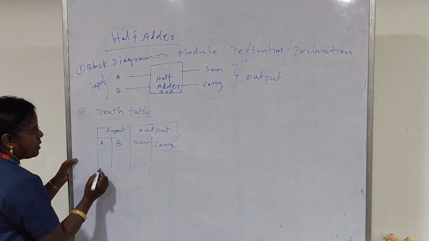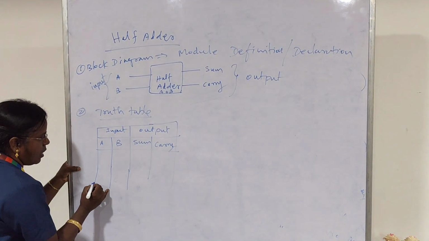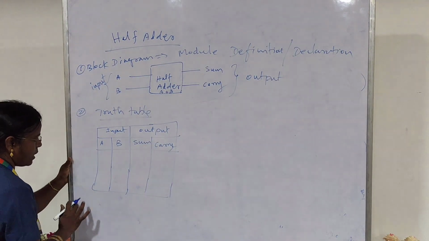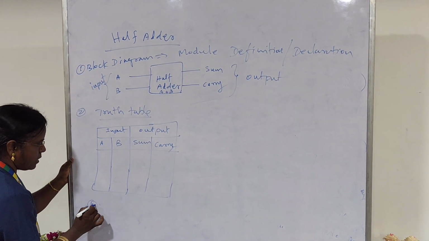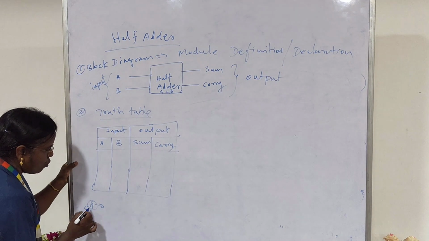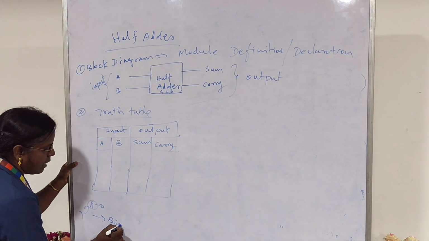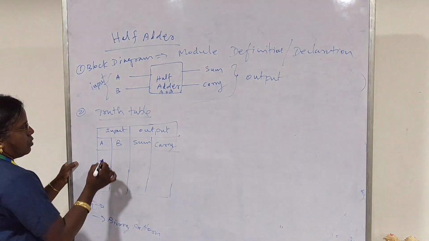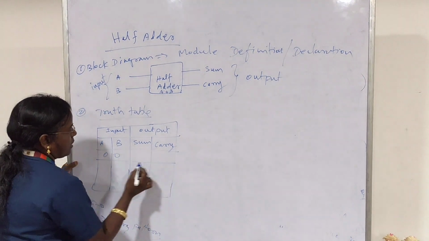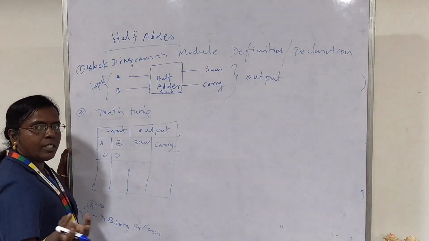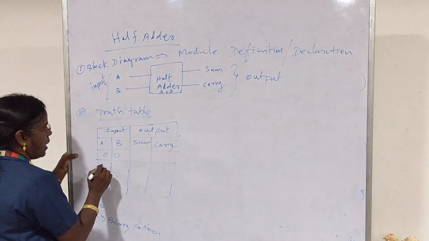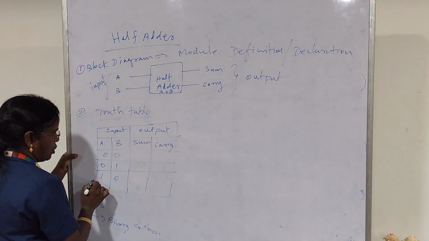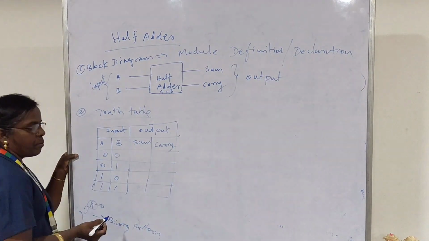Because I have 2 input variables, the possible binary patterns that can be generated follow the formula 2 power n, where n is the number of input variables. So 0 0 is the first pattern: A and B both have the value 0. Then A can be 0 and B can be 1, or A can be 1 and B can be 0, or both A and B can be 1 1.